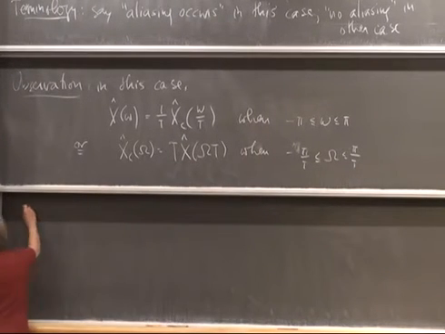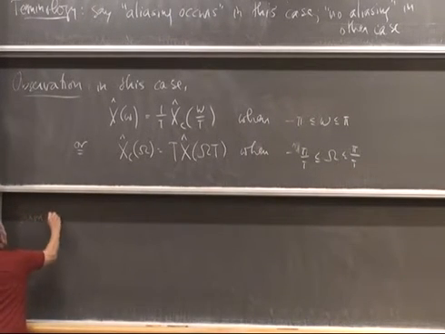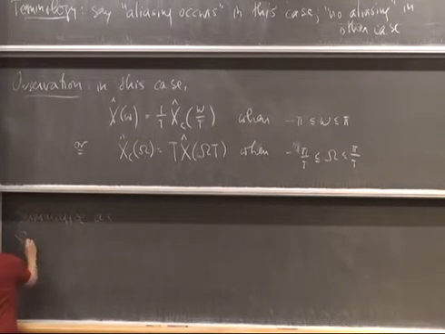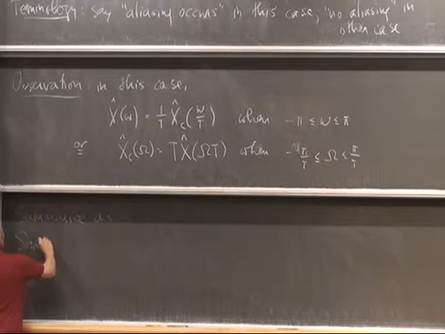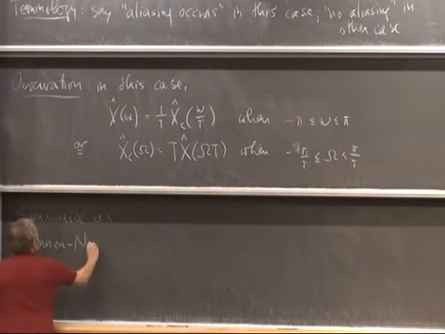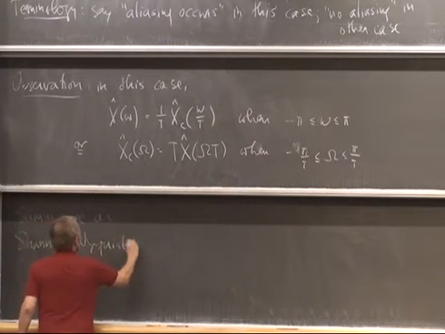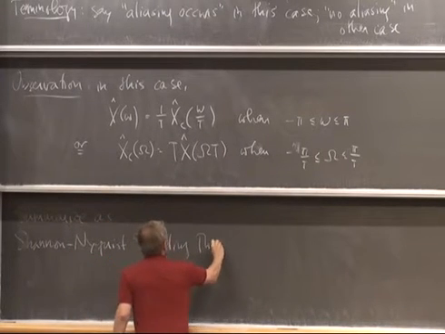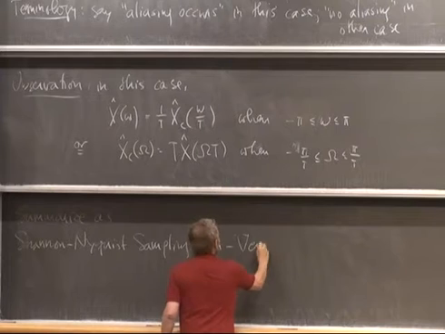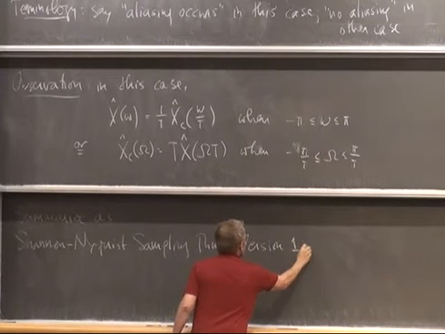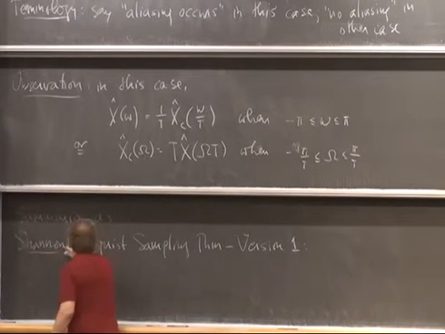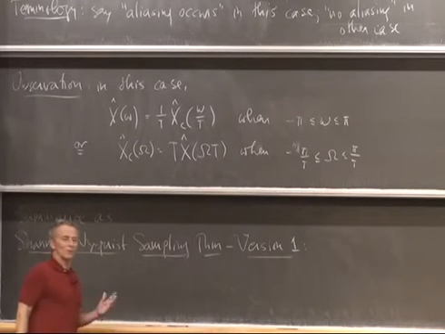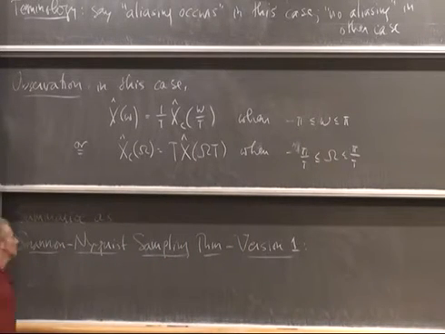So let's summarize as follows. This is the Shannon-Nyquist Sampling Theorem, version 1. We're going to have 2 versions. In past instantiations of this course, I've had up to 4, but I think 2 is enough, basically.